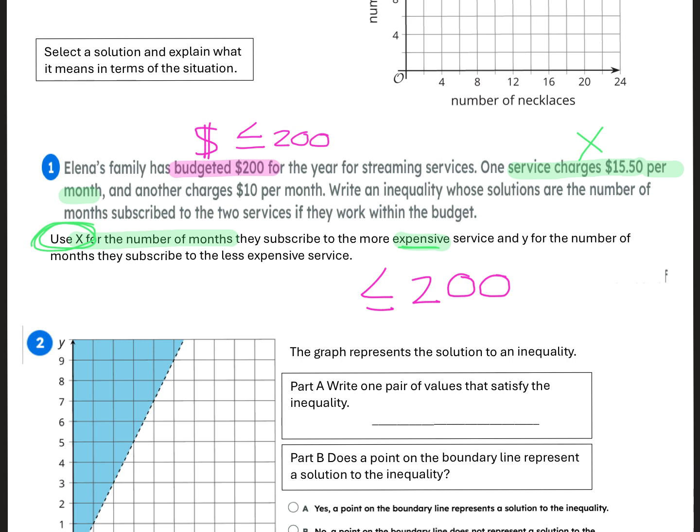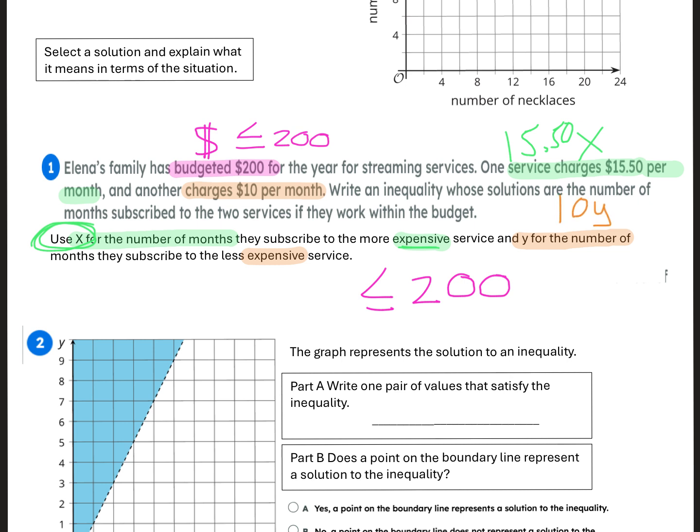So that is going to be $15.50 times X. And then the other streaming service that they use charges $10 per month. And it said to use Y for the less expensive service. So that means that algebraically, that one will be represented as 10Y.